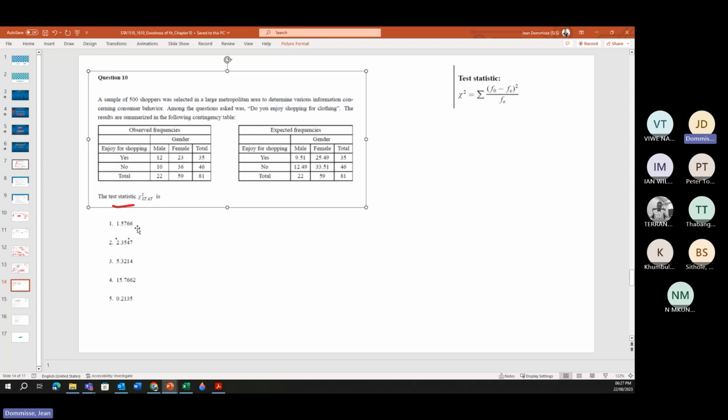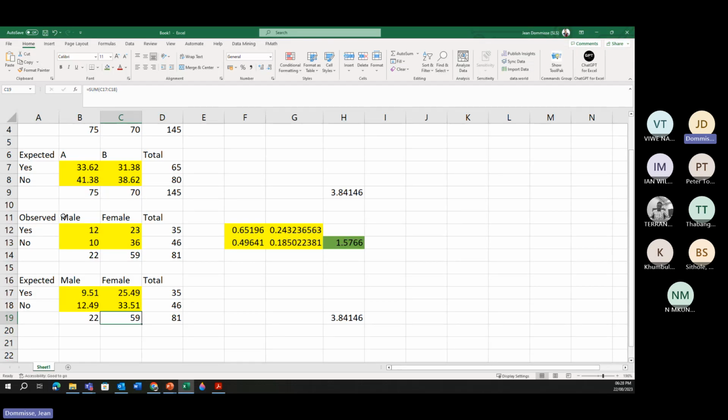1,5766. Okay, so if you would have used these numbers in the exam, if I give you the expected numbers like this, rather put them into the Excel spreadsheet so that it doesn't work it out automatically but uses those numbers, so that you can get the right number.